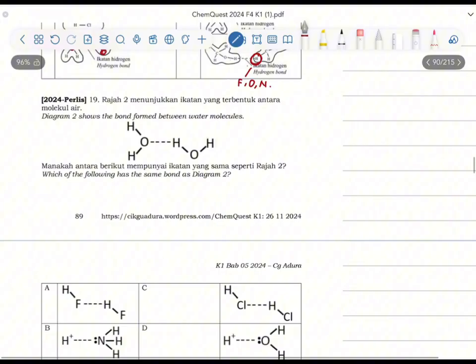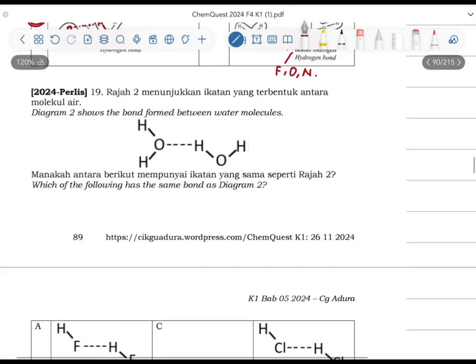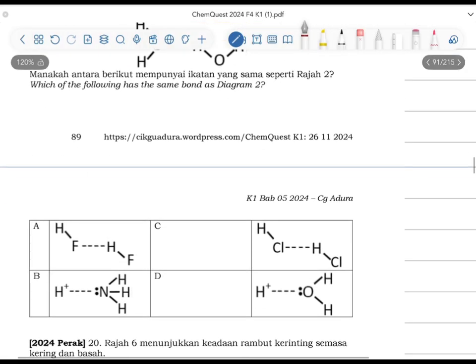Okay, another question. Diagram 2 shows the bond formed between the water molecules, and the bond formed between the water molecules must be hydrogen bond. Which of the following has the same bond as the diagram?